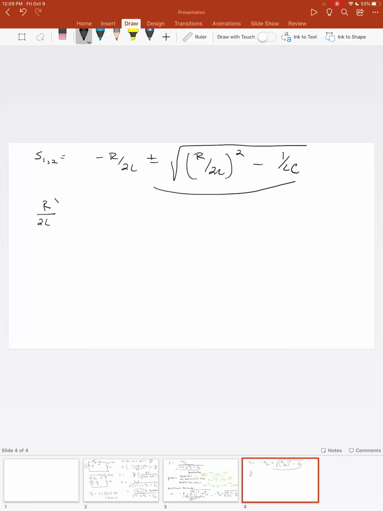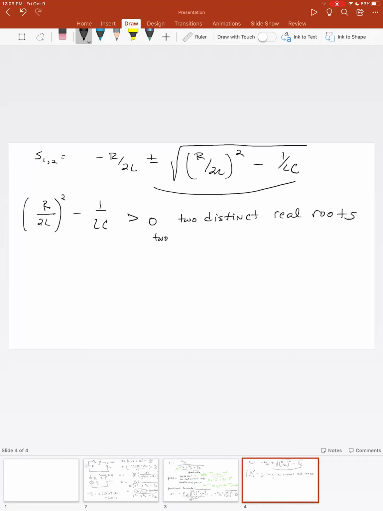So if (R over 2L) squared minus 1 over LC is greater than 0, then we will get two distinct real roots.